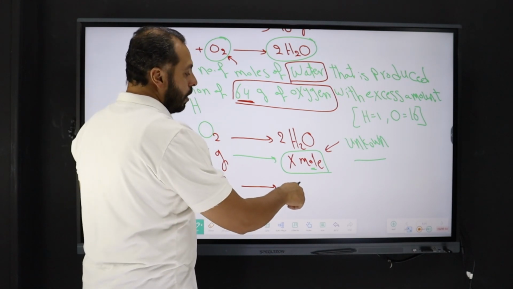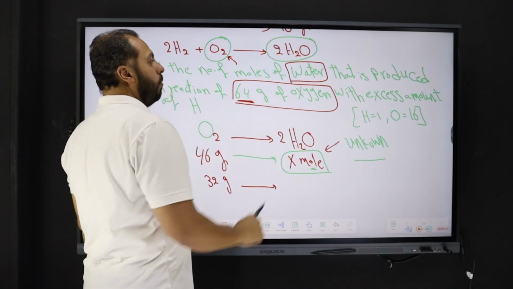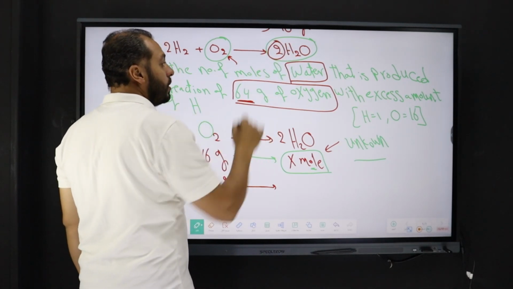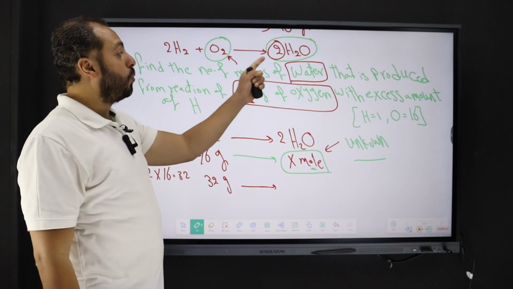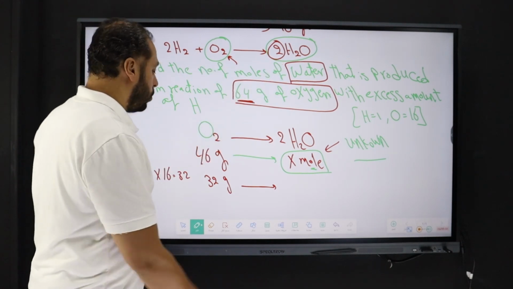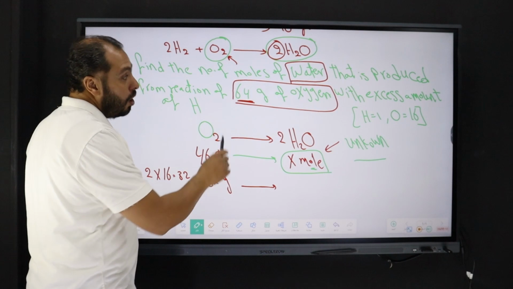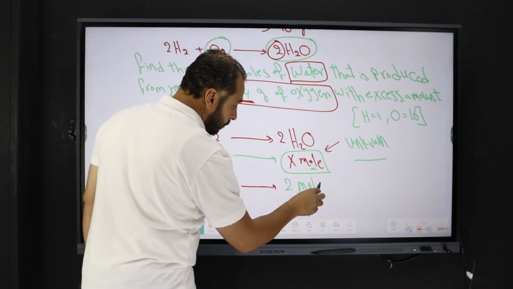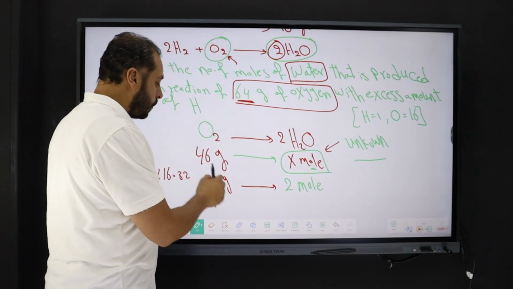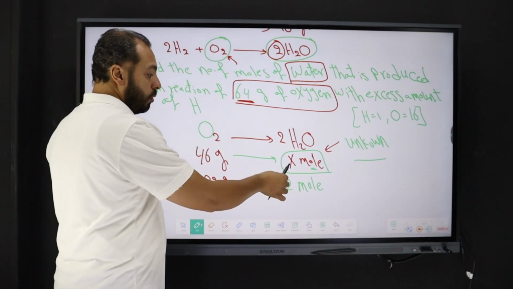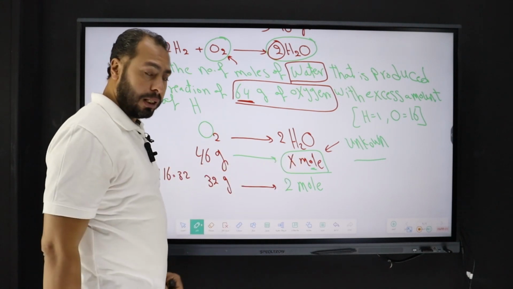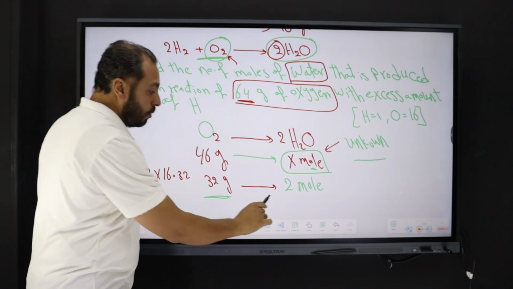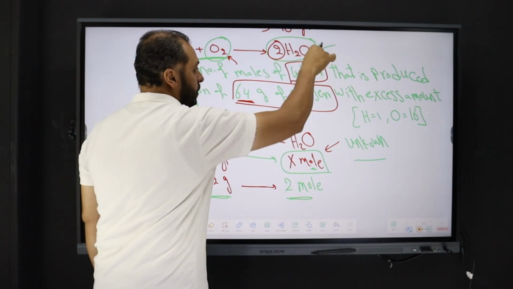But how many moles of water are produced in this equation? This number represents the number of moles produced. So 32 grams of oxygen produces 2 moles of water.